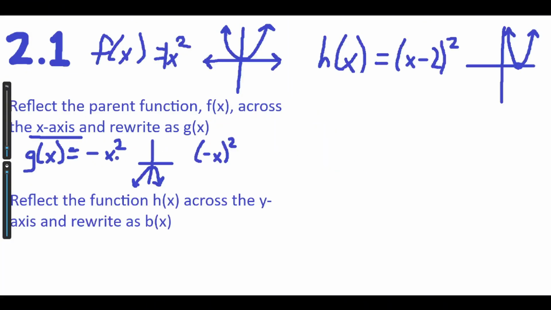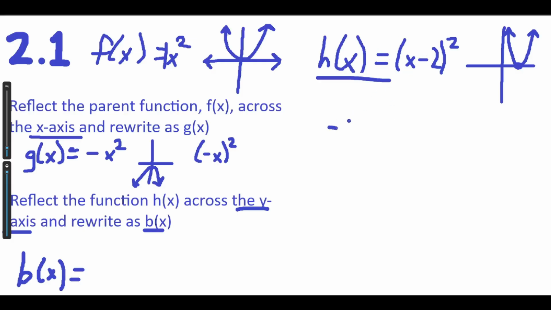Alright, now we have reflect the function h of x up here across the y-axis and rewrite as b of x. So starting off, let's just get our b of x out in front here. And we have our h of x equation is equal to x minus 2 squared. So if we want to reflect across the y-axis, we want to do it inside the parentheses instead of outside.